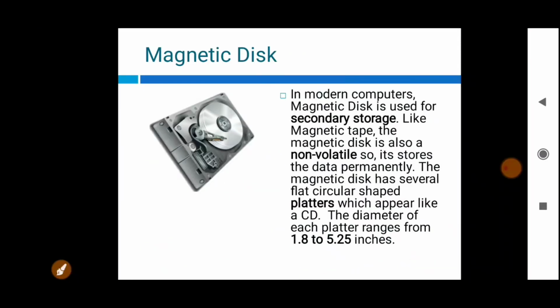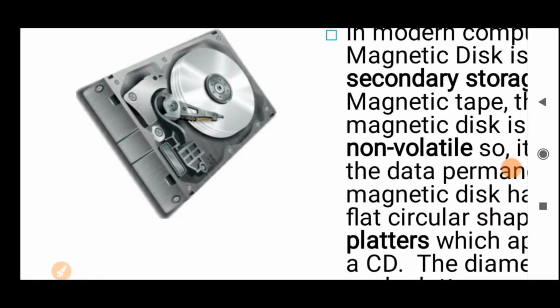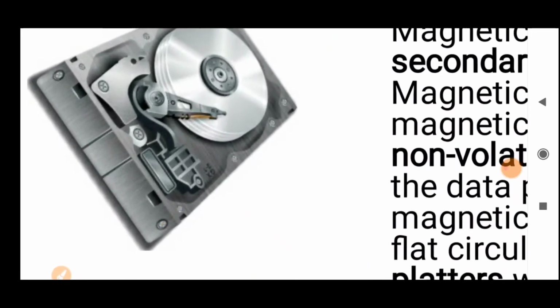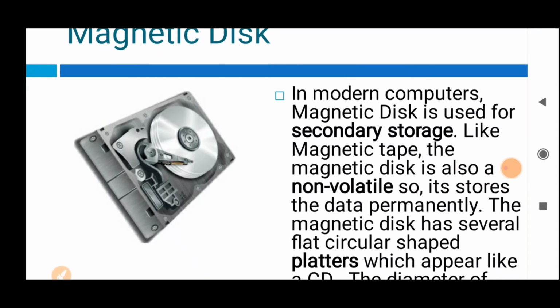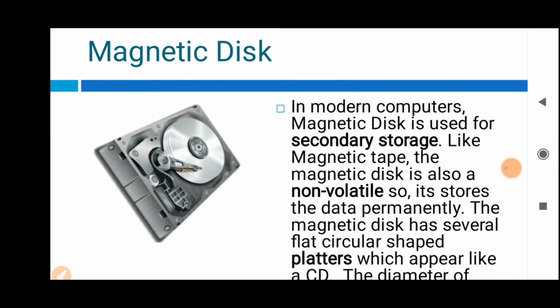So we'll just have a look at this magnetic disk. You can see that it has different magnetic discs like this, which are mounted one above the other, and it is a non-volatile storage device, which means that once you have saved the data, it will store the data permanently. And it has flat circular shaped platters.